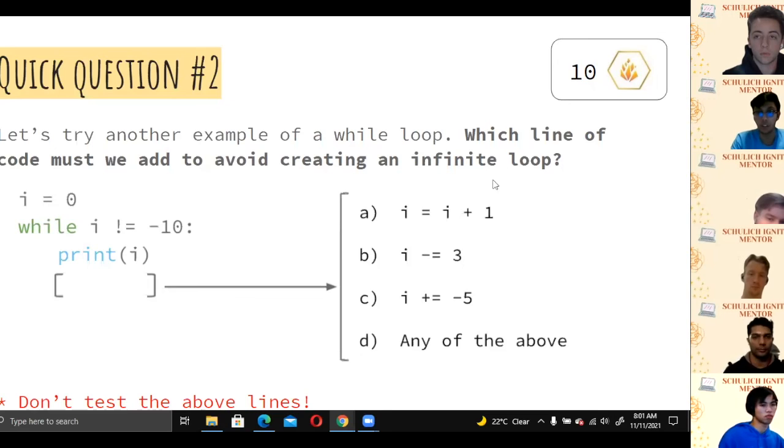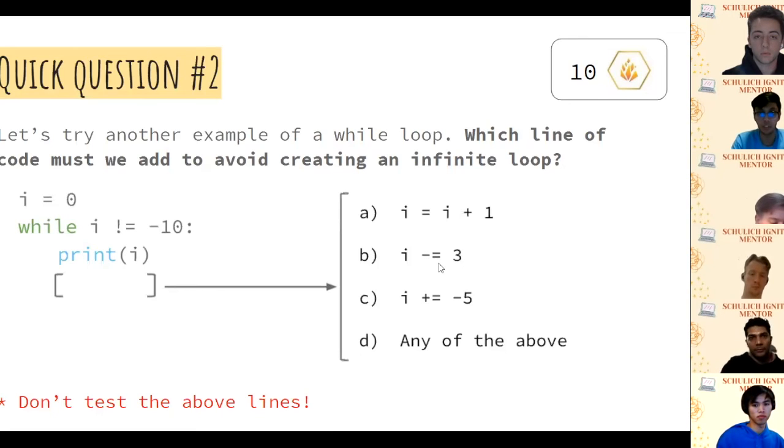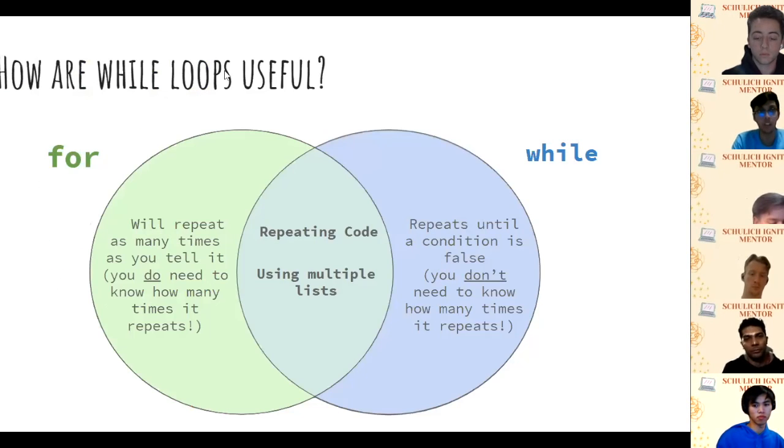Next, let's compare how while loops are useful. For loops will repeat as many times as you tell them. We can specify the number of times the for loop is going to run, for repeating code.